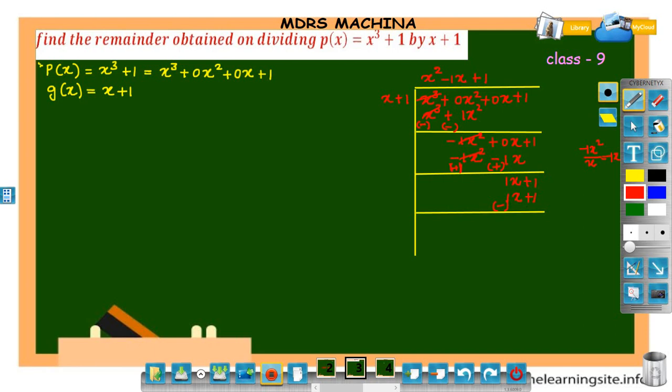Plus 1x becomes minus 1x, plus 1 becomes minus 1. Now 1x minus 1x is 0. Here plus 1 minus 1 is 0. So the remainder is 0. Now here we were told to find the remainder. So remainder is equal to 0.